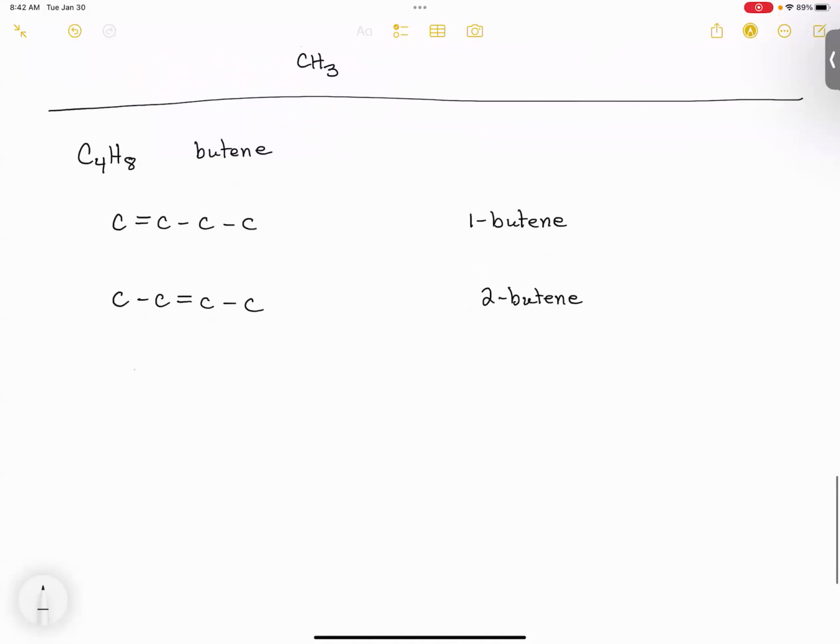Now, if I kept moving the double bond around, would I create another isomer? No, this is not another isomer because this is also 1-butene, because that's where the double bond was. So that's not an isomer that we haven't already created.